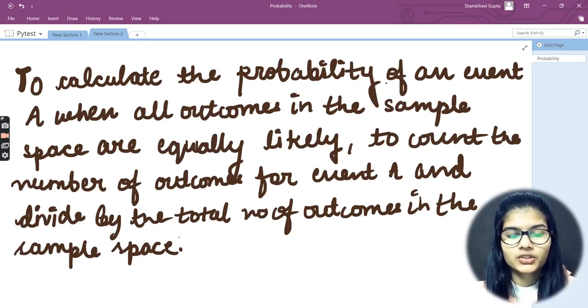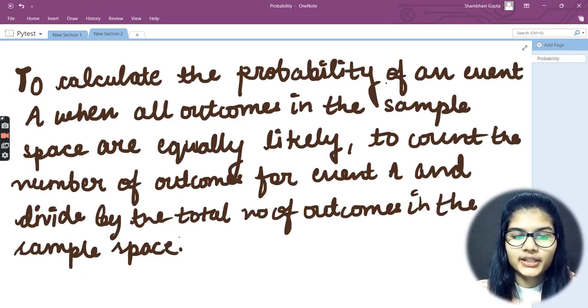So to calculate the probability of an event A where all the outcomes in the sample space are equally likely, count the number of outcomes for event A and divide by the total number of outcomes in the sample space. This is how you calculate the probability of an event when the outcomes in the sample space are equally likely.